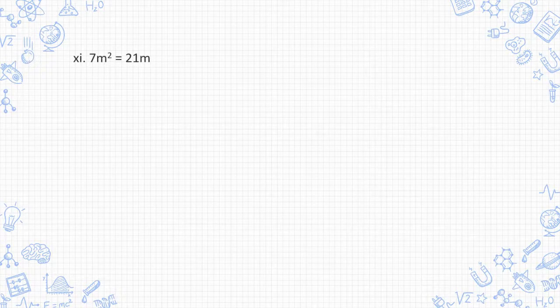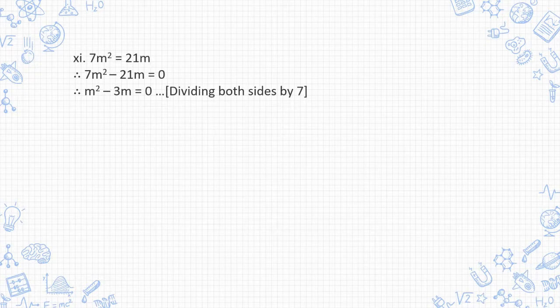Here we have 7m squared equal to 21m. Here also we'll try to do the similar thing that we did in the previous sum. You take plus 21 on the other side. So you have 7m squared minus 21m equal to 0. Now if you take 7 common, in this case, if you take 7 and m common out, so inside you will be left with m minus 3 equal to 0.